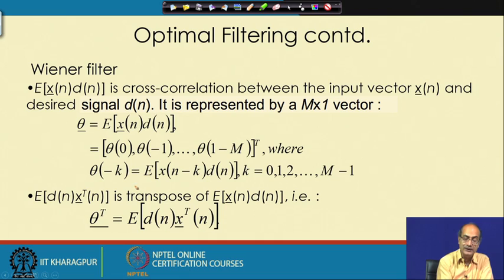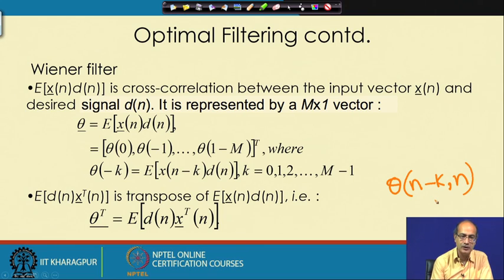Had one of them not been a stationary signal, we would have had to write, instead of theta k, theta n minus k comma n. We could not simplify it and represent it by the lag between the two instances.